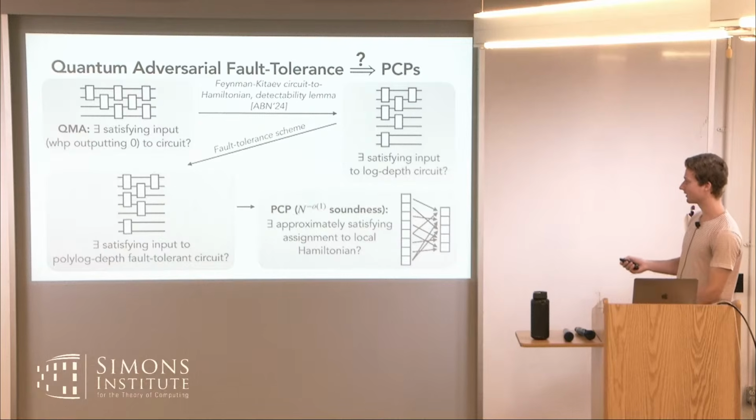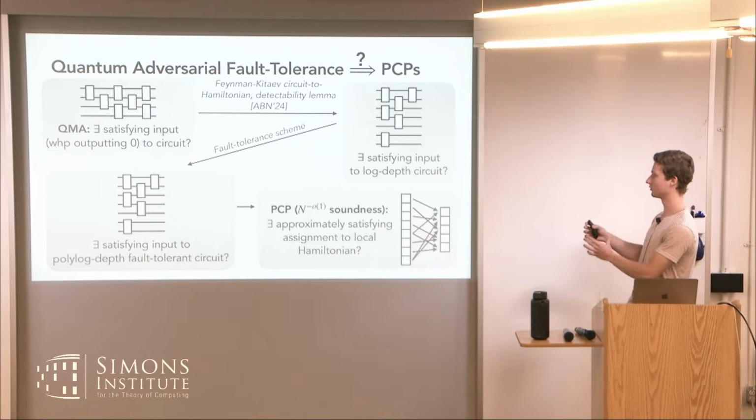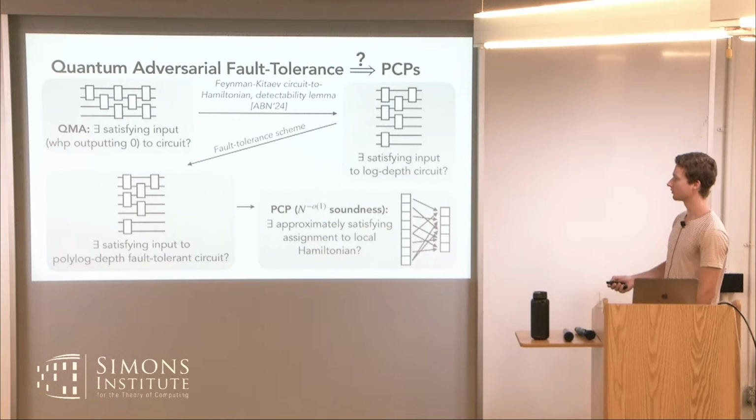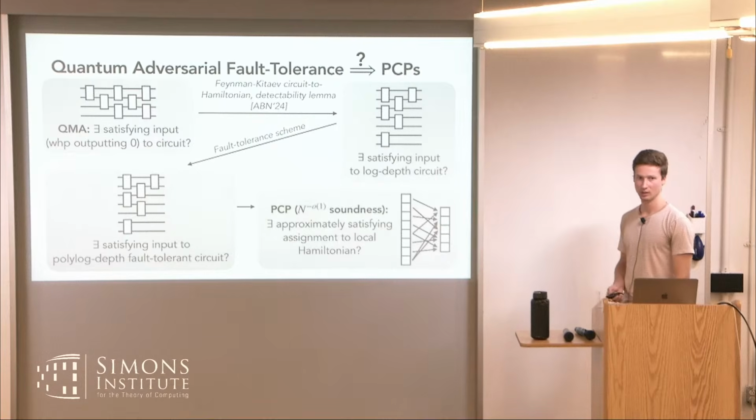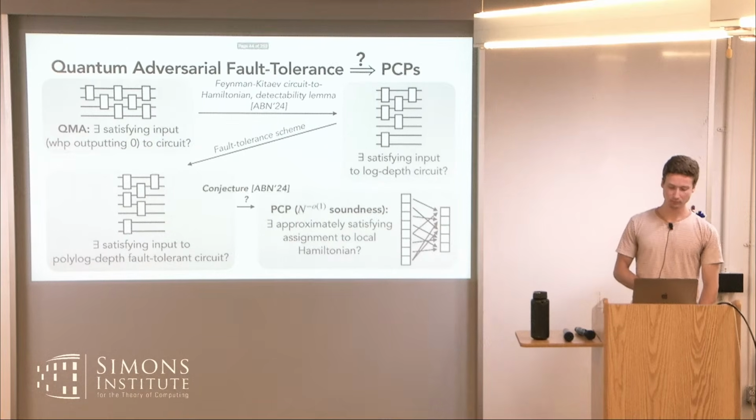This is exactly like the classical setting, where we had a PCP that directly encoded transcripts of the circuit. Now we want a local Hamiltonian whose low energy states encode noisy executions of this fault tolerant circuit.